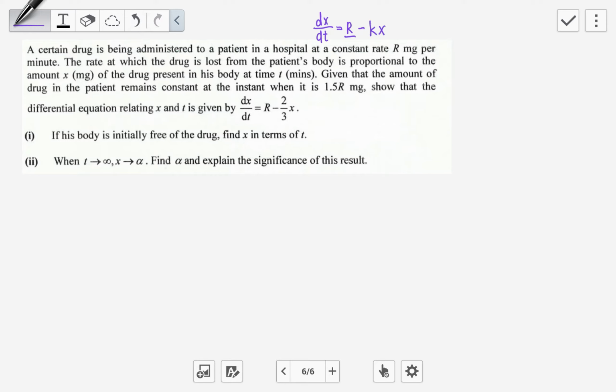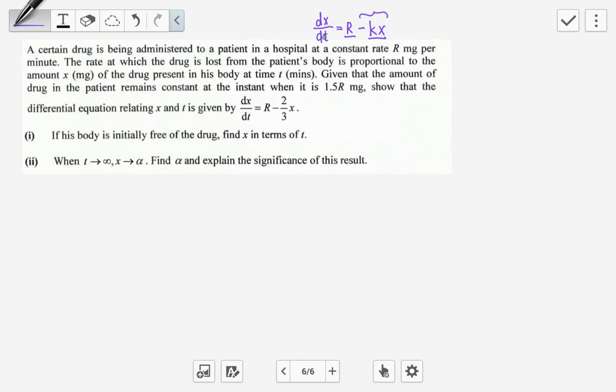The rate at which the drug is lost is proportional to x. Therefore k is the proportionality constant, and x has a negative sign because it's losing from the body, and R is the rate at which the drug is administered into the patient.